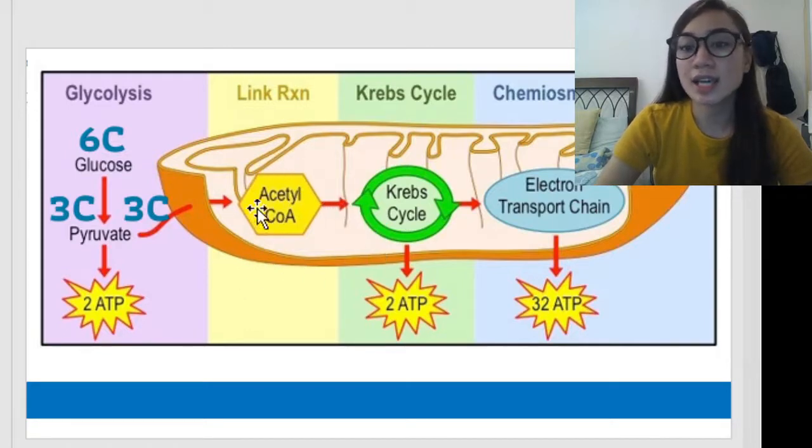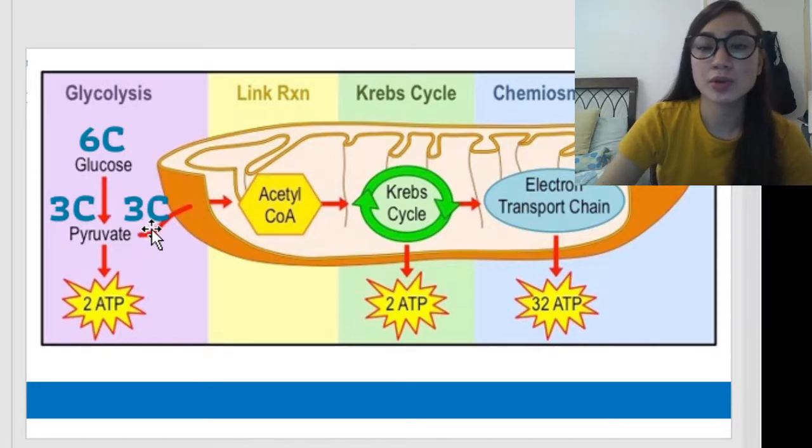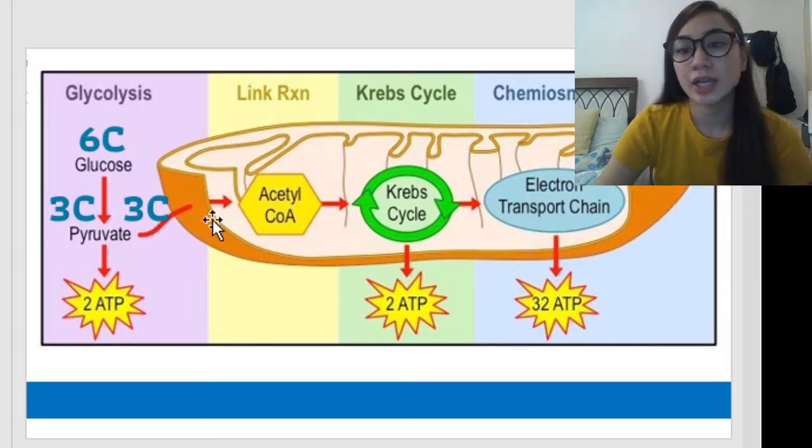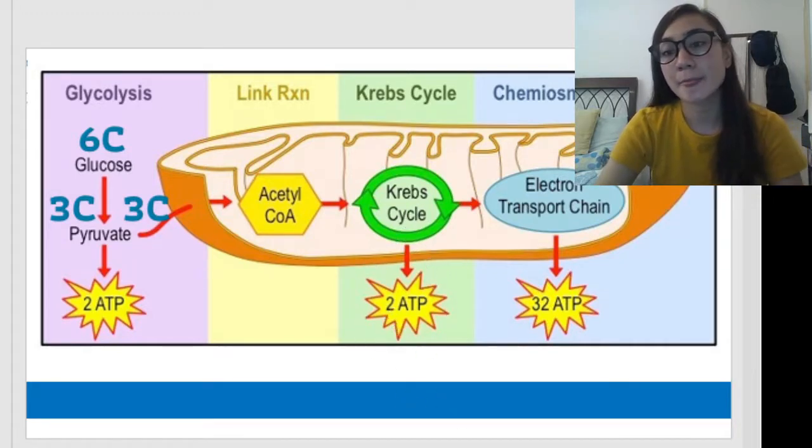So, kung wala si acetyl-CoA, Krebs cycle would not happen. So, si Krebs cycle, dalawang beses siya magta-turn. So, there will be 2 turns of Krebs cycle. Bakit? Kasi meron tayong dalawang pyruvate na produce from 1 glucose molecule. So, kaya dalawang beses siya maiikot. And it will produce 2 ATPs.